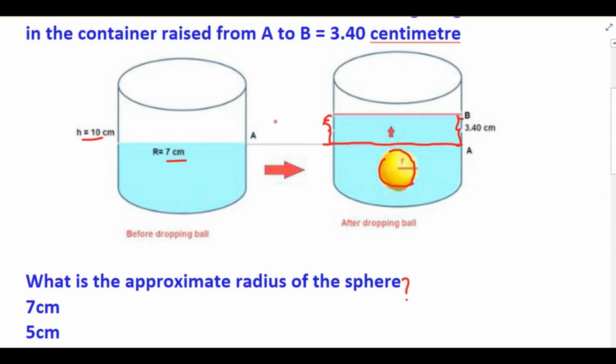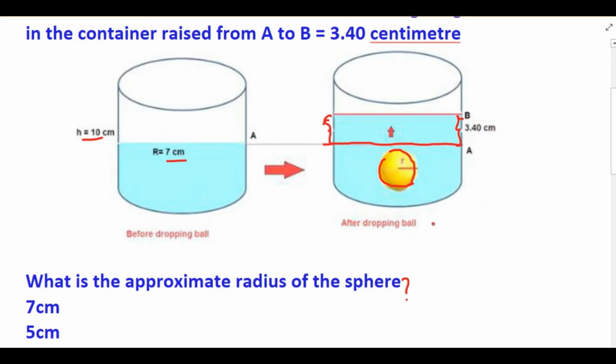Whenever an object is immersed fully or partially in a fluid, it experiences an upward force which is equal to the weight of the fluid displaced. So here the volume of the sphere will be equal to volume of water from the point A to B. For the volume of water from A to B, we can apply the formula of volume of cylinder because it is in the cylindrical shape.